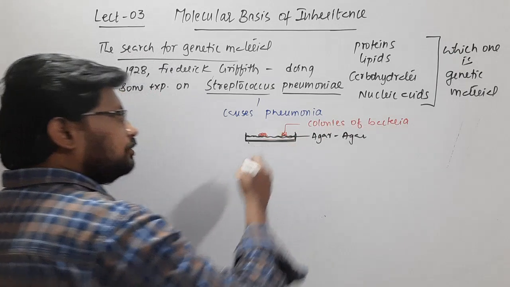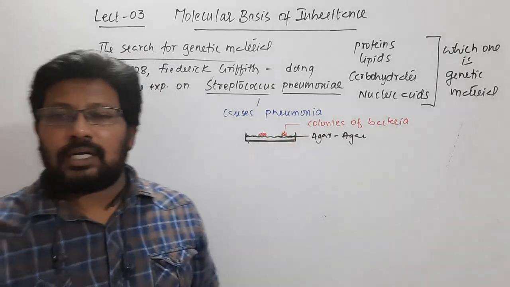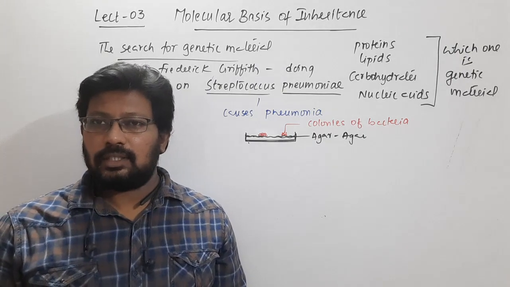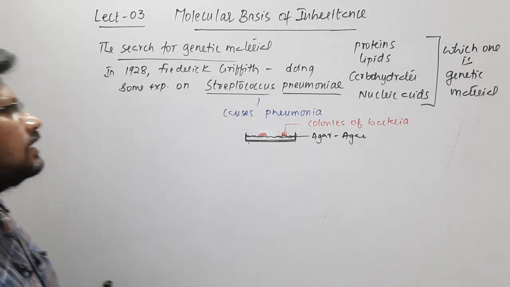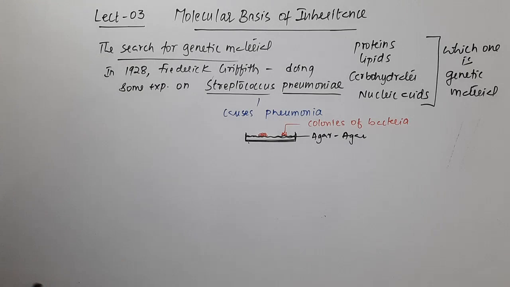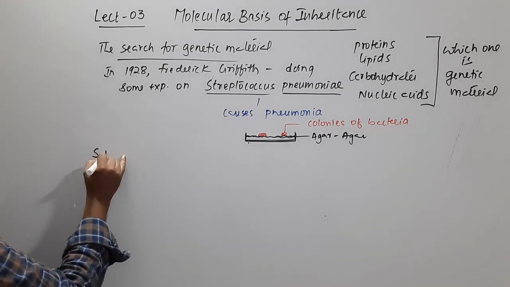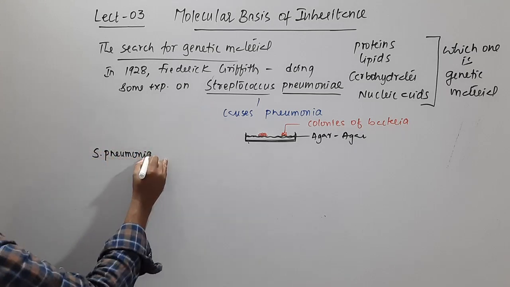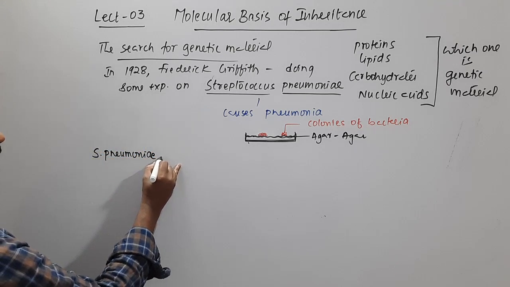Initially you inoculate it with a small number, but later you will see a lot growing in that location. While working on this bacterium, Streptococcus pneumoniae, he found two strains.